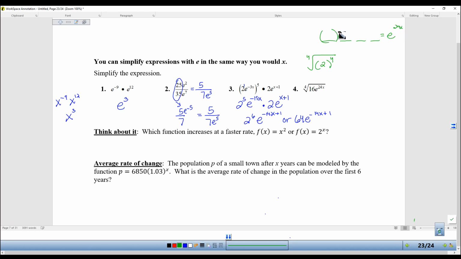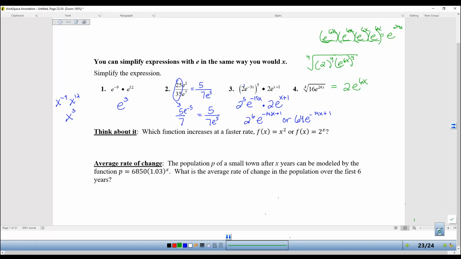Well, since you're adding their exponents, you're adding up 4 things that make 24x. Each thing must be 6x. Can you picture that? So e to the 6x, e to the 6x, e to the 6x. So this is also a perfect fourth root. It's e to the 6x to the 4th. And so this simplifies just to 2e to the 6x.